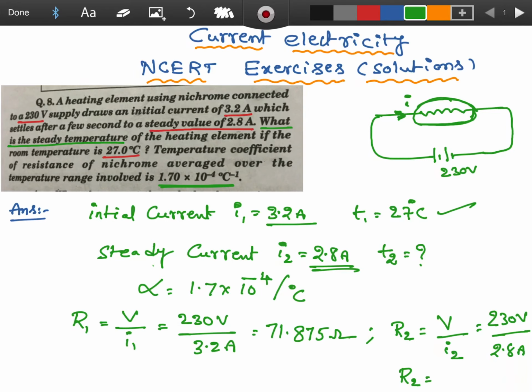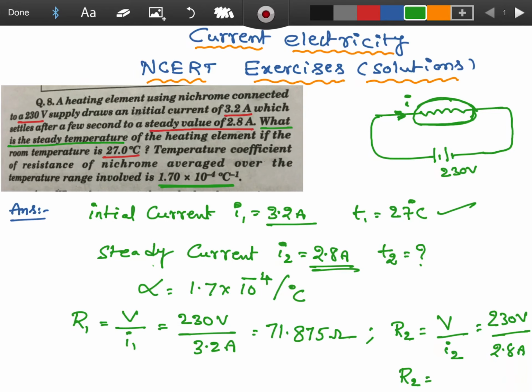Let us start. First find the initial resistance. Initial resistance is less. As per Ohm's law, V equals IR, R equals V by I. R1 equals V by I1, 230 volt by 3.2 ampere, which is 71.875 ohm.